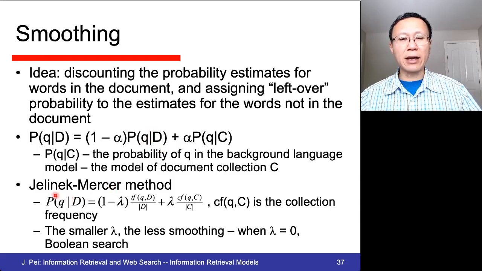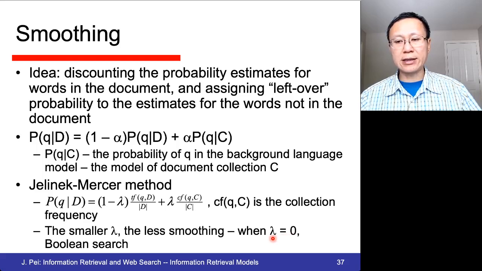And there are some other methods like this, the Jelinek-Mercer method. Essentially, it uses the collection frequency of Q in a large collection as this P(Q|C). The smaller the value of lambda, the same as alpha here, the less smoothing.